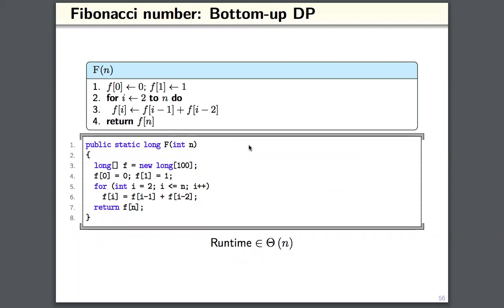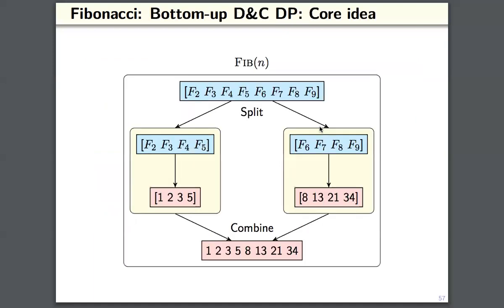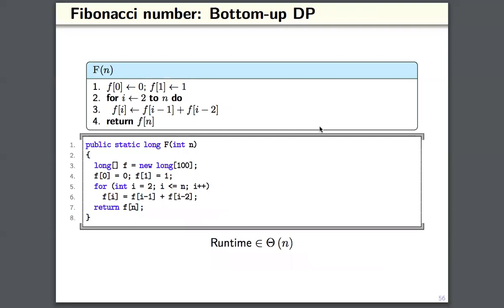Second, you don't have function calls. So you save time on calling functions and storing all those functions, changing of control, context switch, and so on. So this is typically faster than top-down. Now let's look at another idea. Is anything else important here? Seems like that's it.